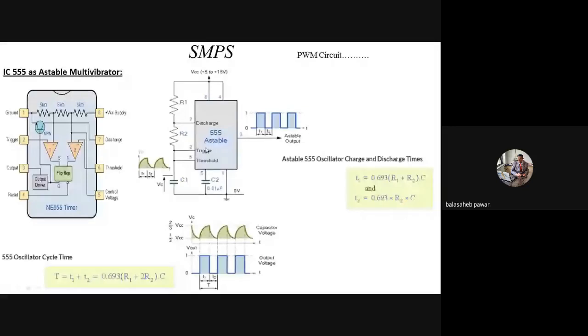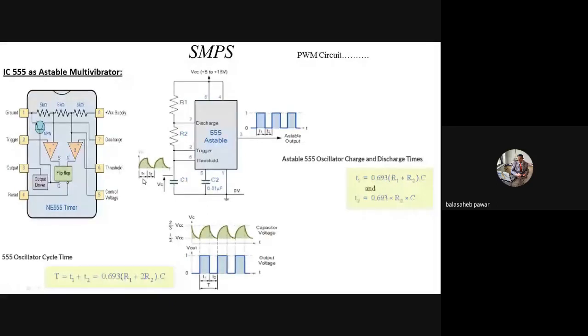So see, pin number 6, that is threshold, is connected to the capacitor, and the charging rate of this capacitor C1 will be decided by resistors R1 and R2, because a series combination of R1 and R2 is connected to that VCC. Here this charging of the capacitor is shown with the time period of T1.